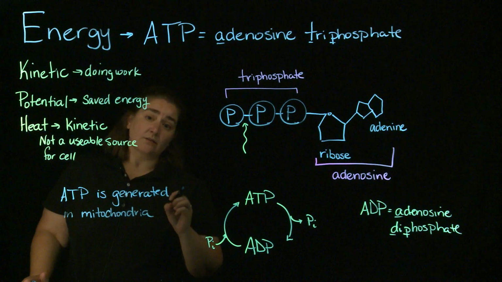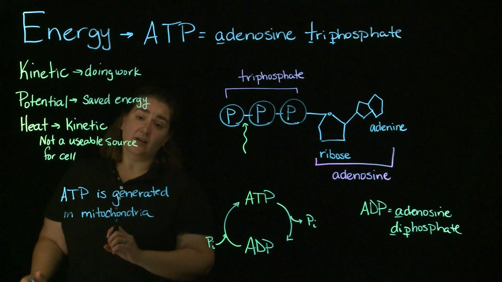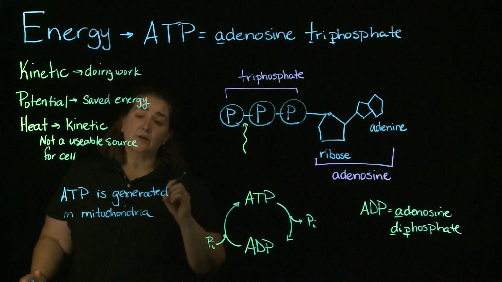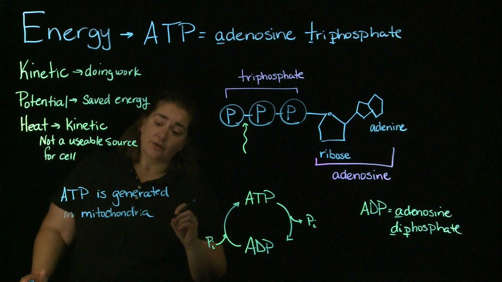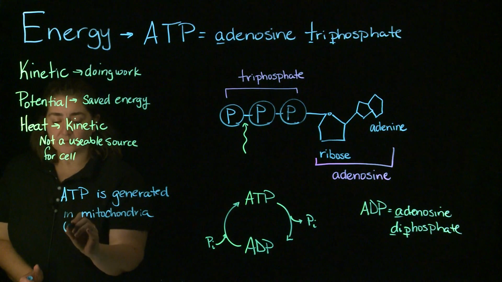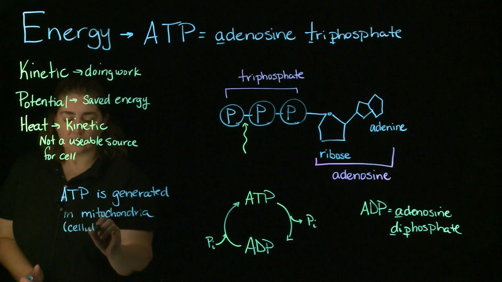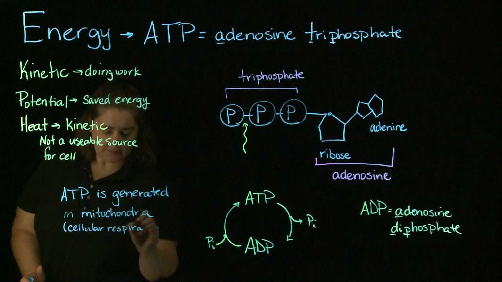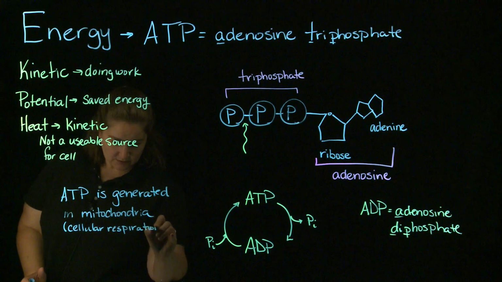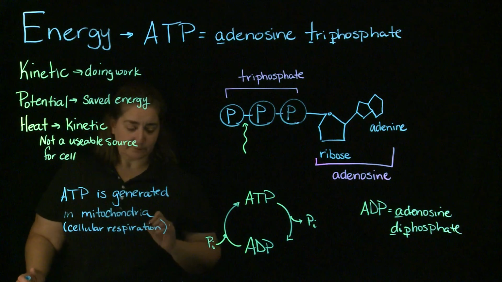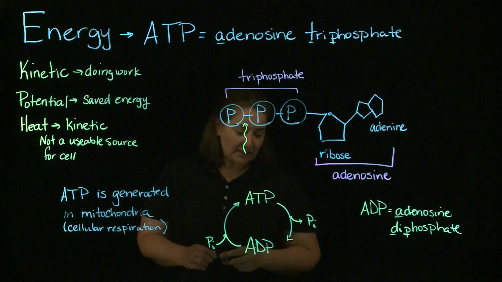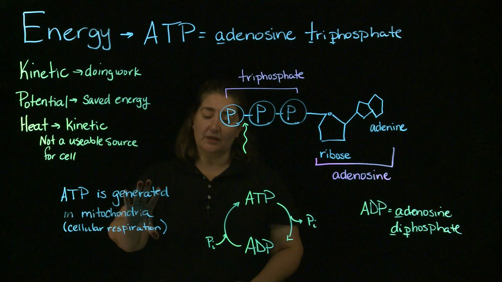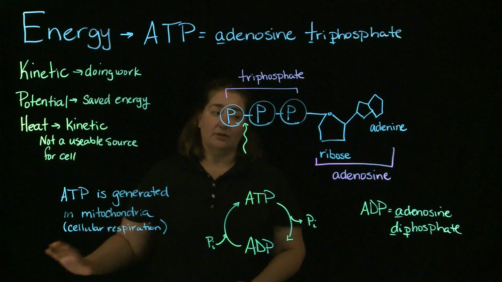One of our organelles that we talked about, the mitochondria is the powerhouse of our cell, and the chemical reaction happening there is cellular respiration. So in terms of the cell, that's where the bulk of the energy is going to come from: the mitochondria and the ATP generated in there.